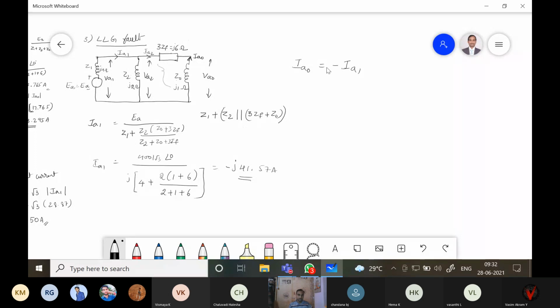To find the branch current IA naught, the main current is coming in the opposite direction to IA naught. So minus IA1 into, what is the opposite impedance for Z0? The opposite impedance for Z0 is Z2, divided by the sum of total impedance in this circuit. What is the sum of total impedance? Z2, Z0 and 3ZF. Therefore Z2 plus Z0 plus 3ZF. So this is the current division rule.